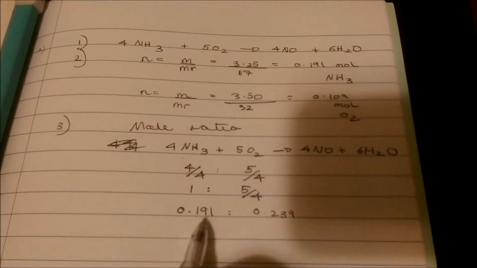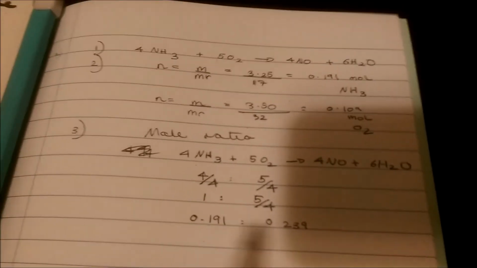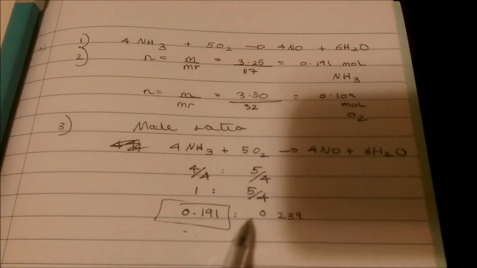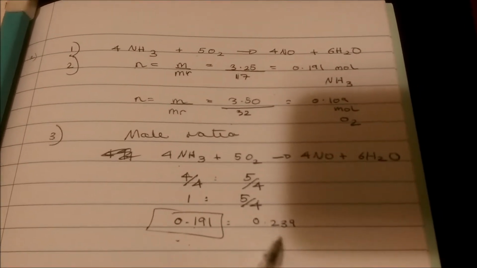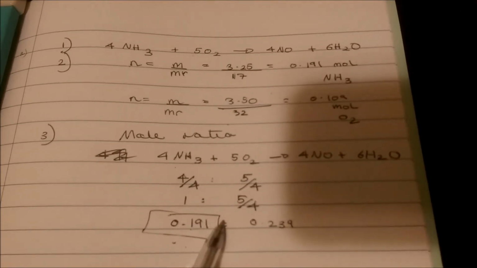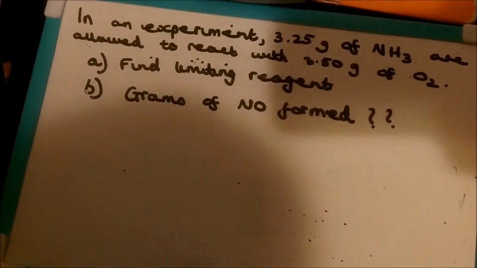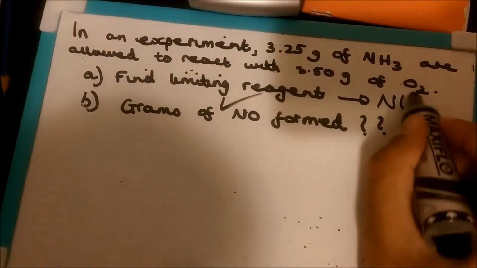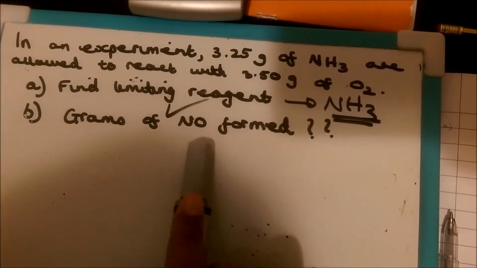So from this we can deduce which is the excess reagent and which is the limiting reagent. In this case, NH3 is your limiting reagent because it is a fewer number of moles. 0.239 is greater than 0.191. So we have found the limiting reagent in this case, and it is going to be NH3. Now we need to find the number of grams of NO formed.